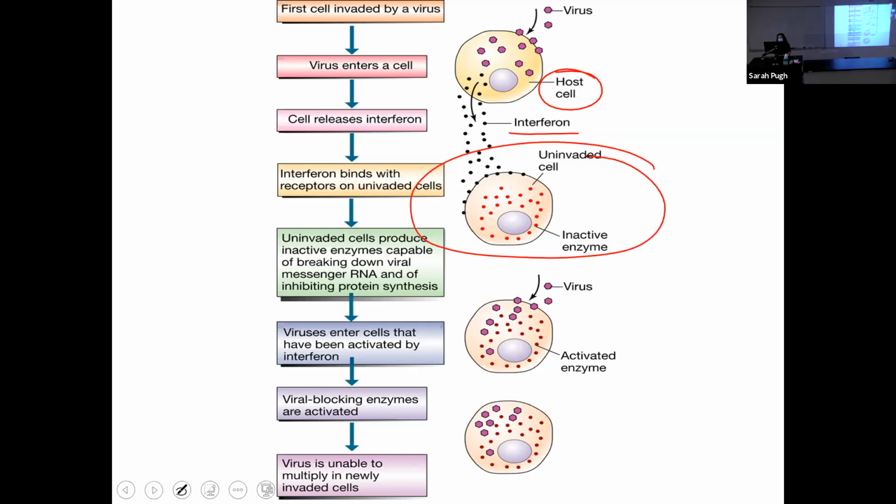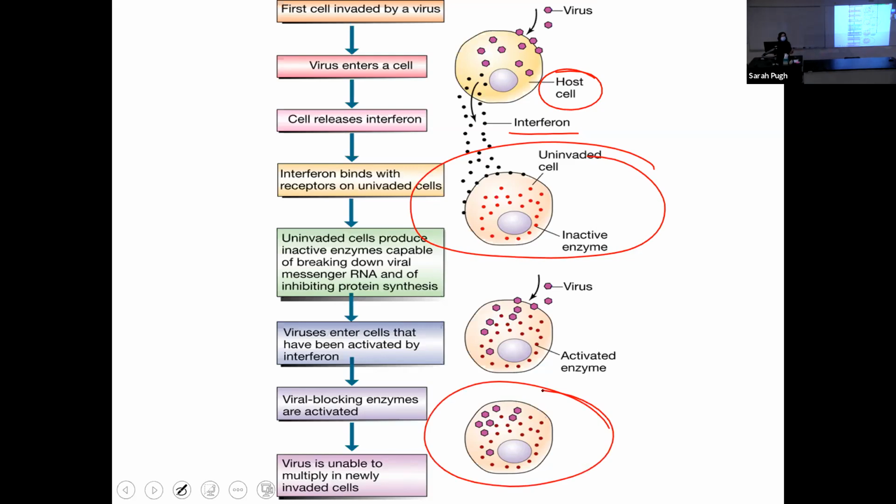And it actually activates an enzyme. So there's enzymes inside that cell, so that when the virus tries to infect this cell, the activated enzyme prevents it from replicating. So the virus is unable to multiply in that cell. So that's an interferon.